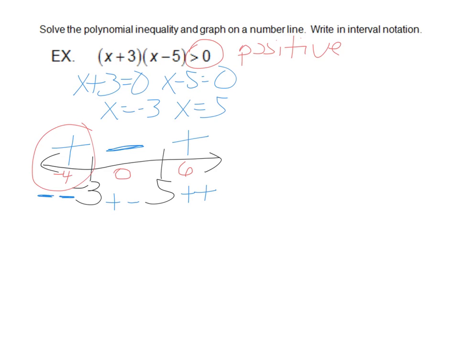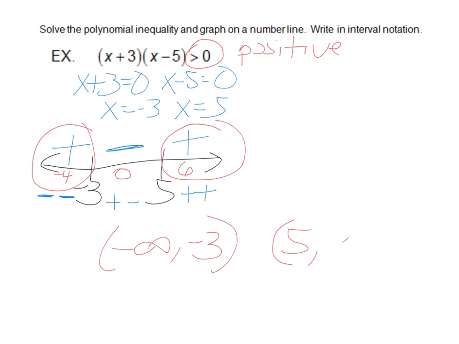And then on the right side, from 5 to positive infinity, it's positive. So those intervals would be negative infinity to negative 3, and I need a parentheses, not a bracket, on the negative 3 because I don't have the equal to. And then also from 5 to positive infinity, and a union in the middle.